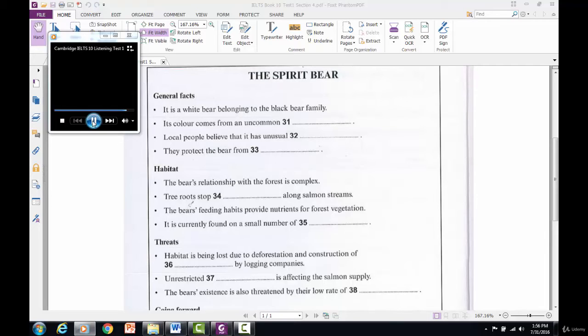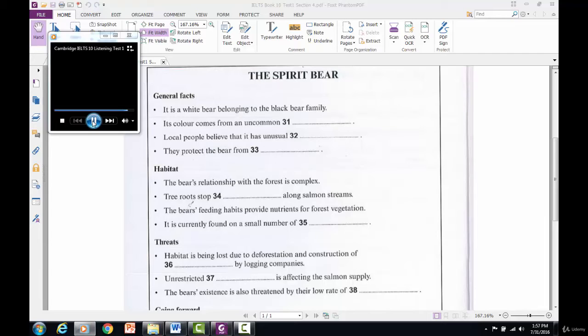The greatest threat to the bear's existence is the loss of its habitat. Over many years, logging companies have stripped the land by cutting down a large number of trees. In addition, they have built roads which have fractured the areas where the bear usually feeds, and many hibernation sites have also been lost. The logging of the trees along the streams has damaged the places where the bears fish.